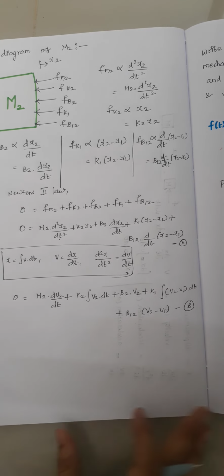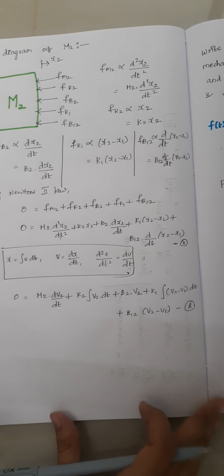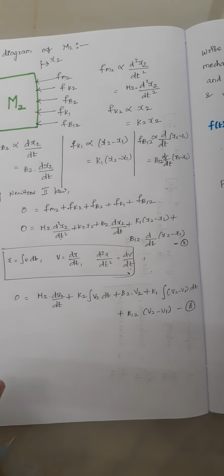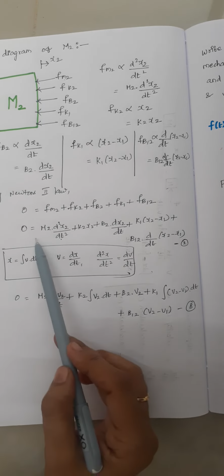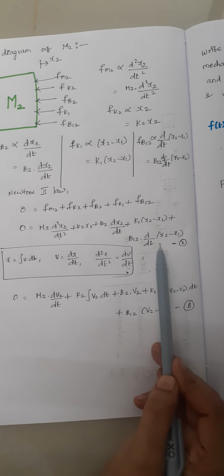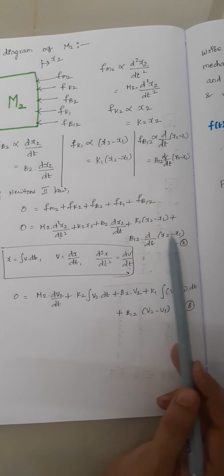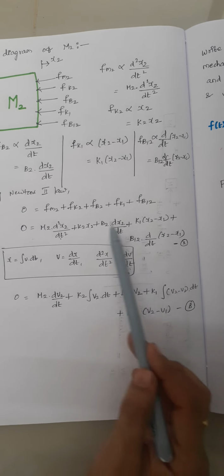Hope you all have understood what we have done today. We are drawing the free body diagram and counting the number of elements connected to the respective masses, writing the force balance equations, and finally by applying Newton's law we are writing the differential equation governing the system, and this differential equation is in terms of displacement, that is in terms of x.